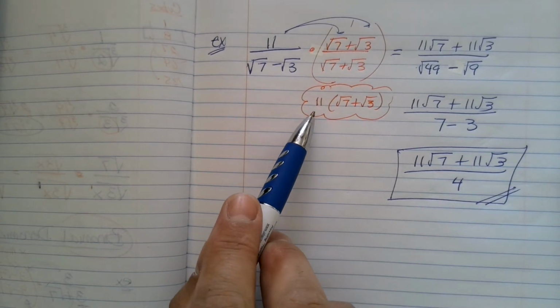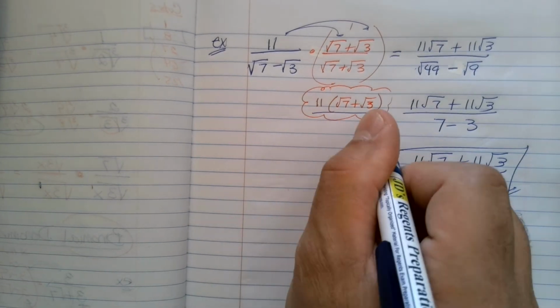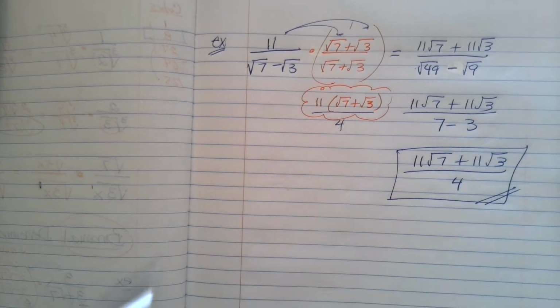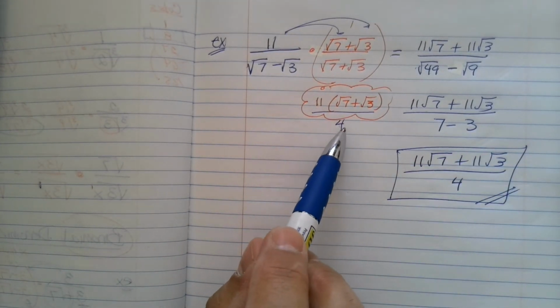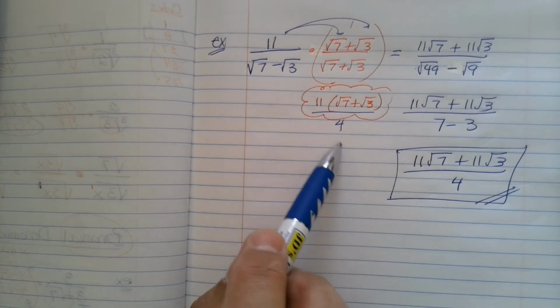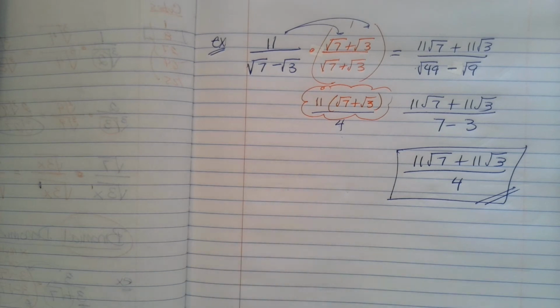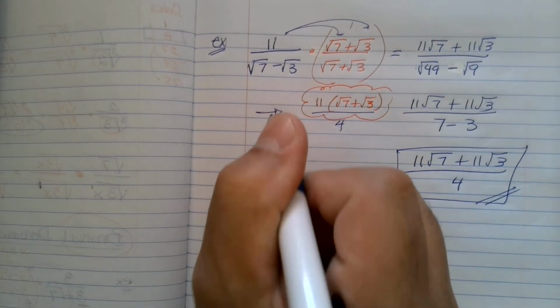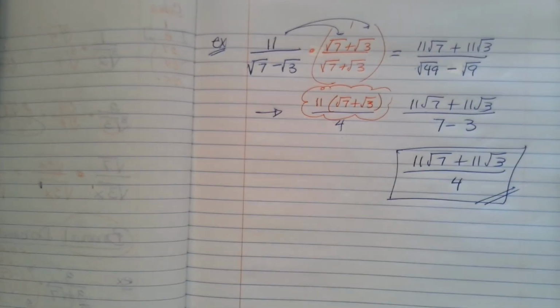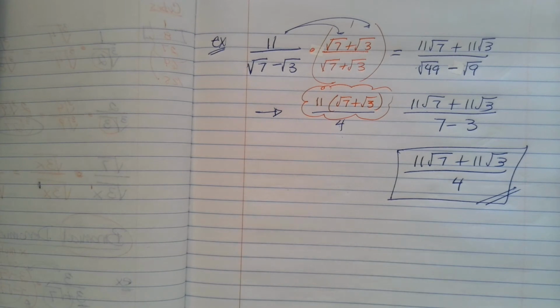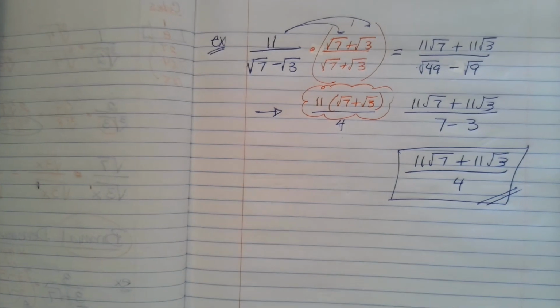The reason they do this is if I had this all over 4, that's fine. But if I had it all over 11, it would be easy to cancel it out, right? If there was a common factor up top, that could be simplified. So it does make sense as far as simplifying it later on. But that's it for rationalizing denominators. When they are binomials, we just multiply by the conjugate. Easy stuff.